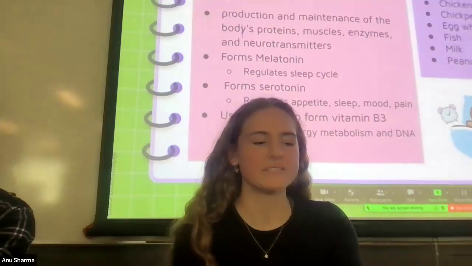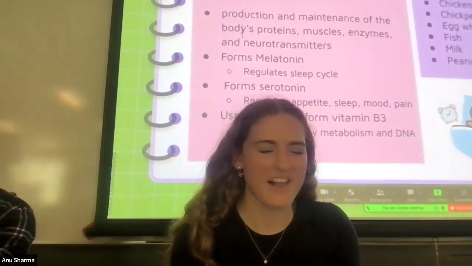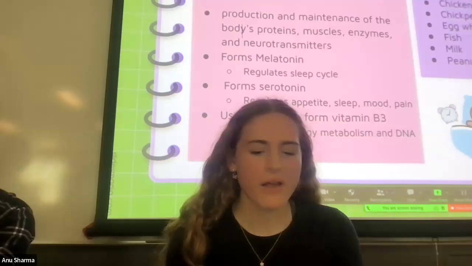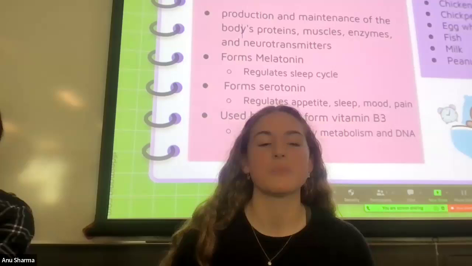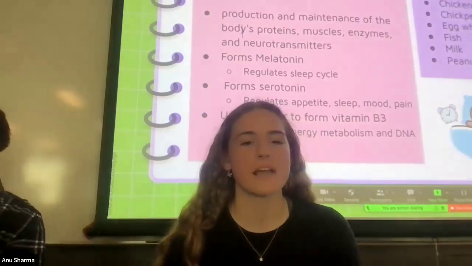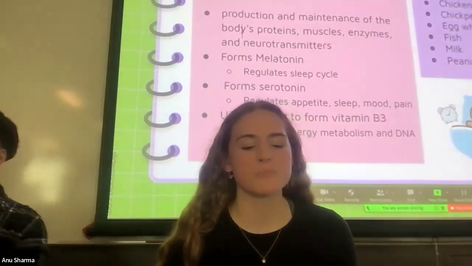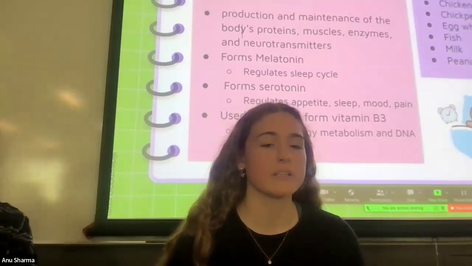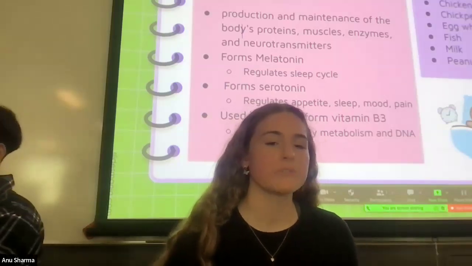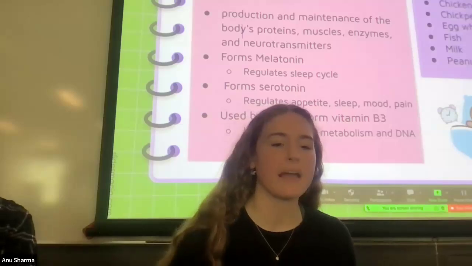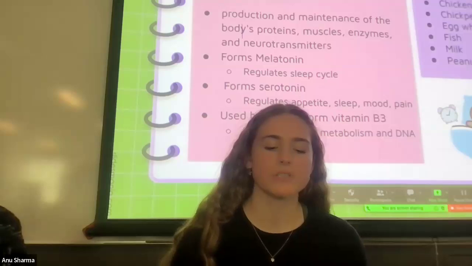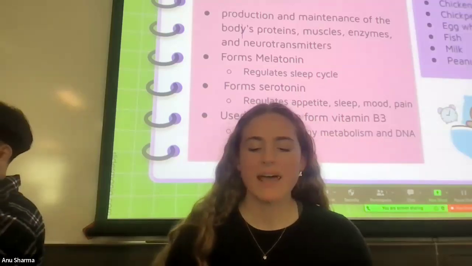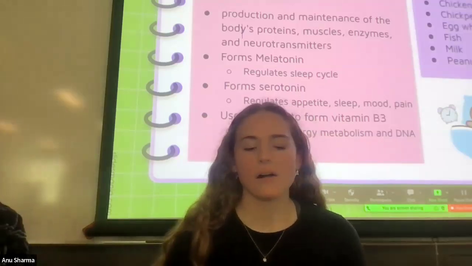So it is involved in the production and maintenance of the body's proteins, muscles, enzymes, and neurotransmitters. It's responsible for forming melatonin, which regulates our sleep, and serotonin, which regulates appetite, sleep, mood, and pain. It is also used by the liver to form vitamin B3, which is used for energy metabolism and DNA production.